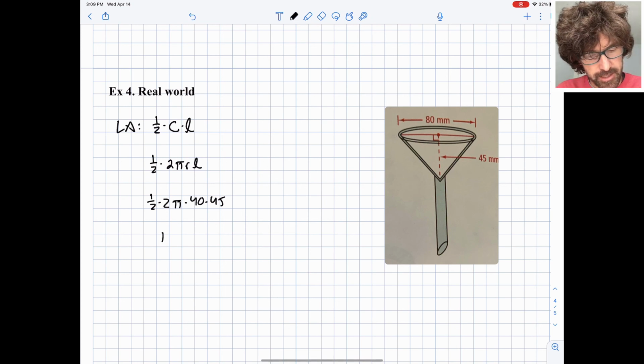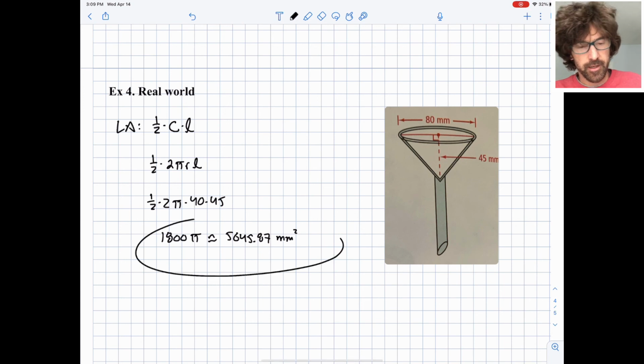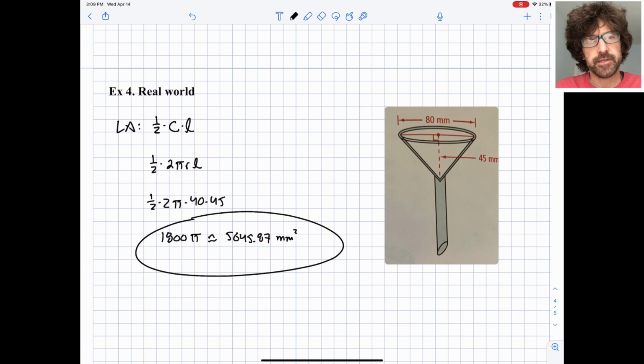And I get 1800 pi, which is approximately 5,654.87, and that would be in square millimeters. So that would be the outside surface area of that funnel.